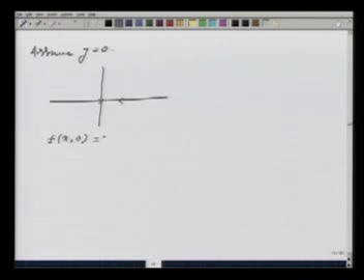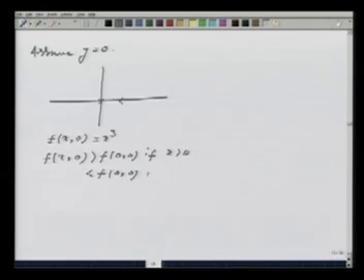That turns out to be equal to x cube. Then I can certainly see that f(x, 0) is bigger than f(0, 0) if x is bigger than 0, and it is strictly less than f(0, 0) if x is less than 0.